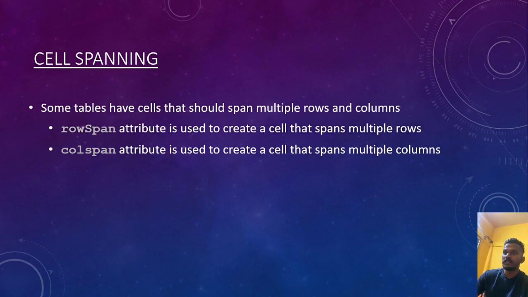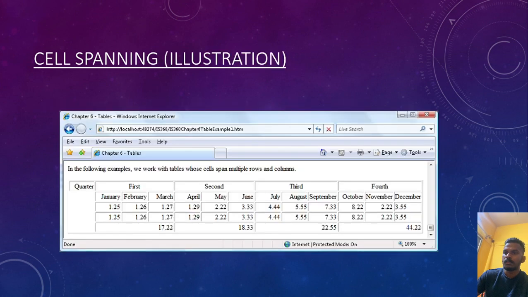In the cell spanning illustration, the first string takes a column span of 3, the second is also taking a column span of 3, the third is taking 3 and the fourth is also taking 3.